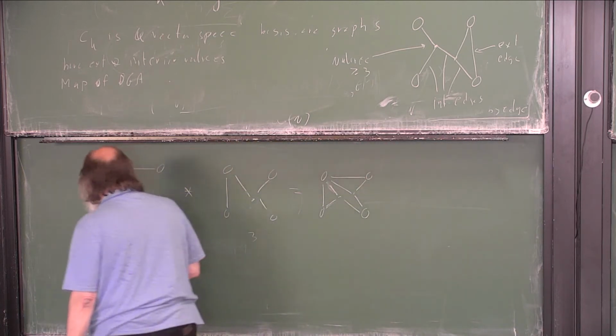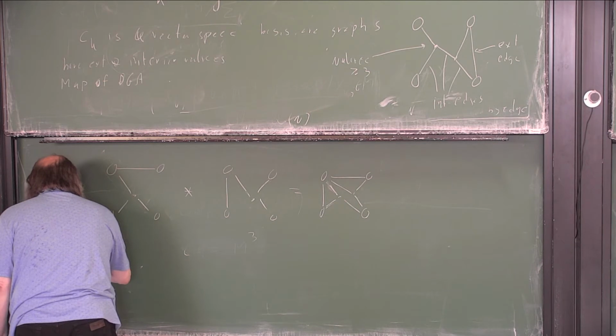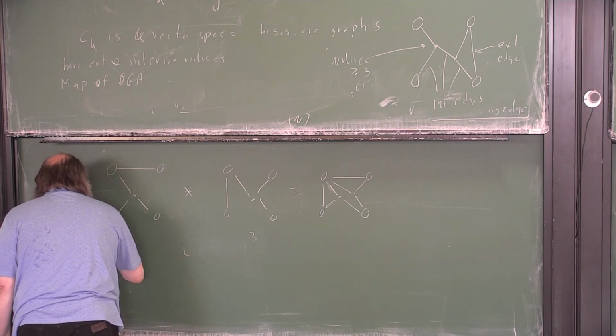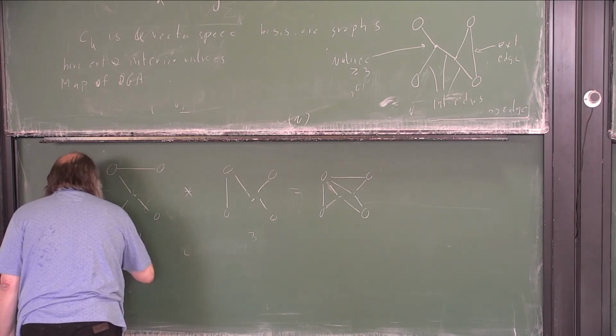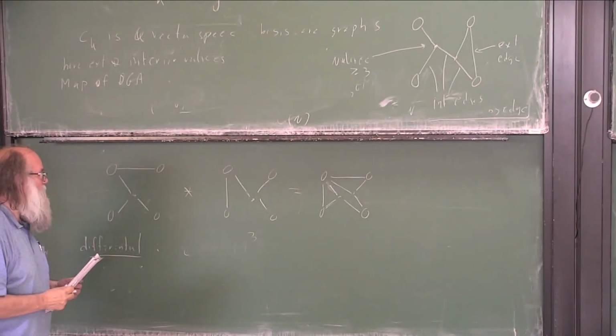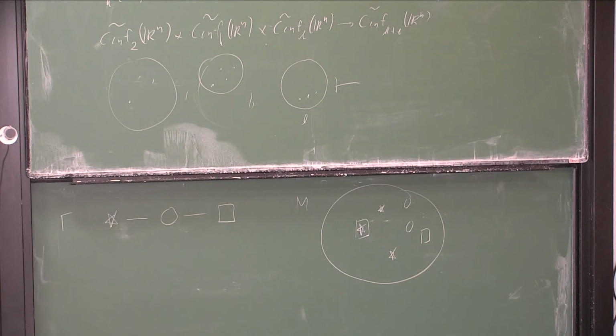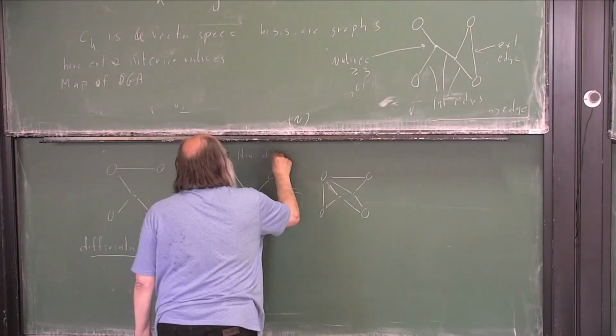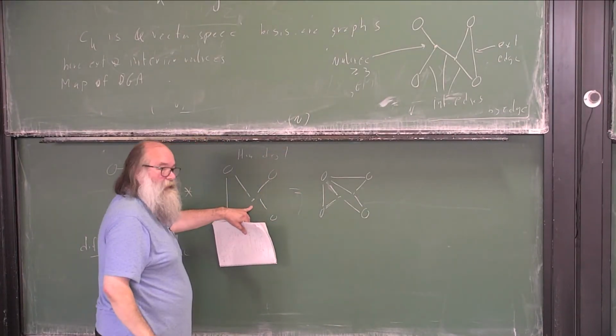Okay, and the differential. Is the number of external vertices fixed? No. So then how do you find a correspondence between the vertices? This is in homological degree 1. That's one external vertex.